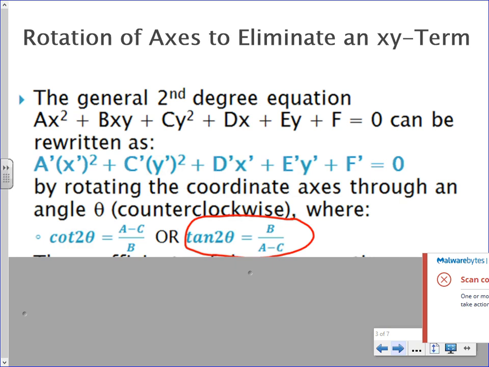You could use tangent or cotangent, but I feel that we're all probably more comfortable with tangent. So that is the one that I would probably write down instead. If you would like to write down both, that's fine. If you would like to use cotangent instead, that's fine. But I'll probably use tangent because I feel that our brains think of that more often than we do cotangent.